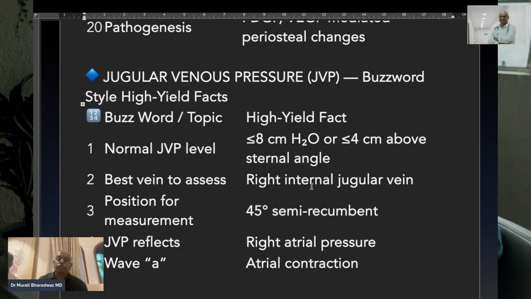Right. So, typically, we need to know where is the systole and where is the diastole.